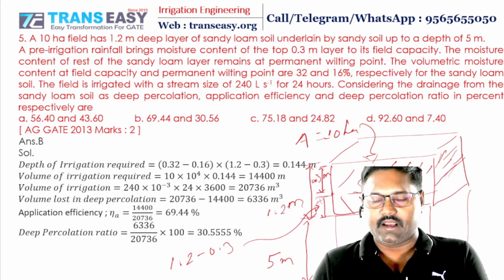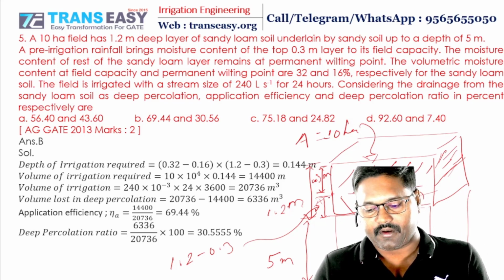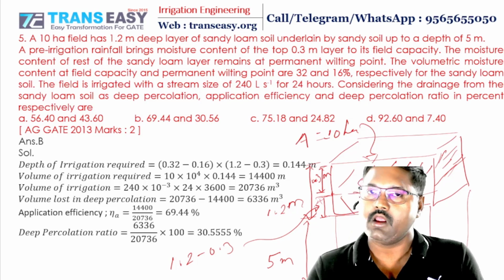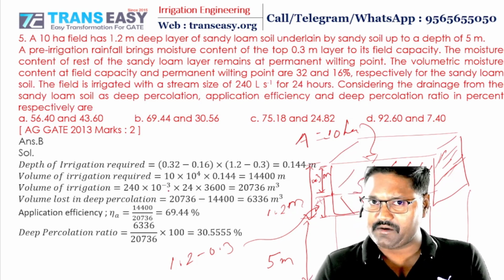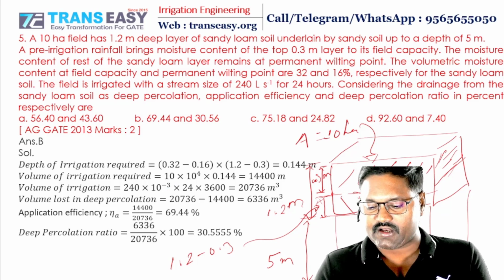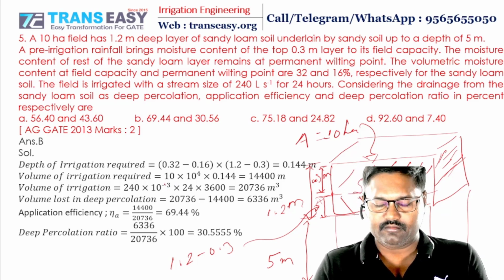Dear friends, so depth of irrigation required in order to bring the moisture content of remaining thickness of sandy loam soil to field capacity. It's very simple. So field capacity moisture content of this sandy loam soil is 0.32.